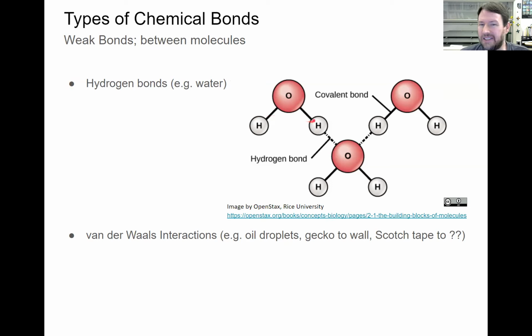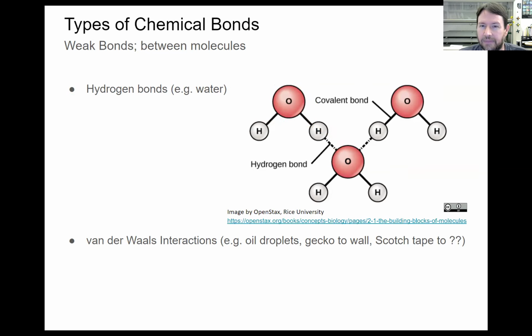What happens here is if you have two polar molecules that have a partially positive and partially negative region, I'm going to draw those on here, using a different color. So I'll say that the hydrogens of a water molecule are partially positive, and the oxygens are partially negative.